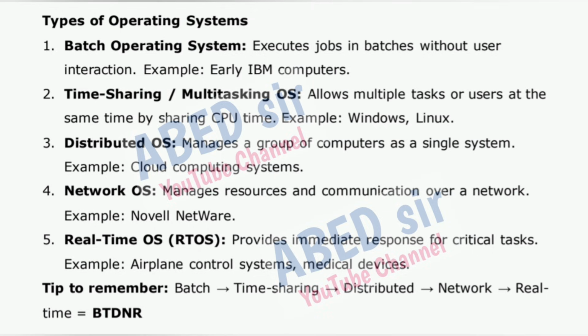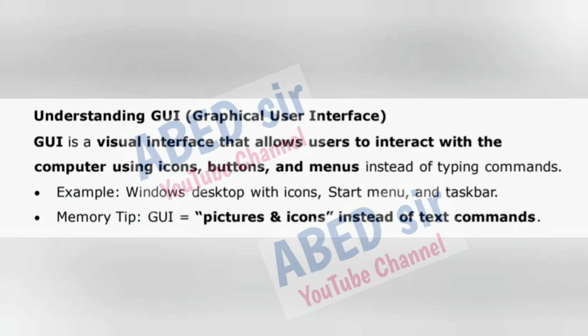Network OS, manages resources and communication over a network. Example, Novell NetWare. 5. Real-time OS, RTOS, provides immediate response for critical tasks. Example, airplane control systems, medical devices. Tip to remember: batch, time-sharing, distributed, network, real-time is equal to BTDNR.